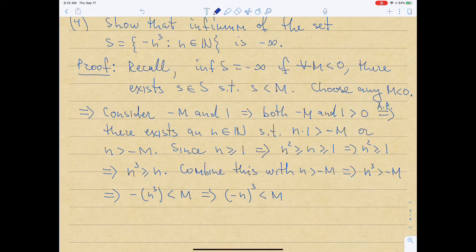Set S is defined as any number which is negative n cubed when n is a natural number. So then we're done, because I was able to find such an n, right? Because minus n cubed is an element of my set S. Right? So we proved that the infimum is minus infinity.